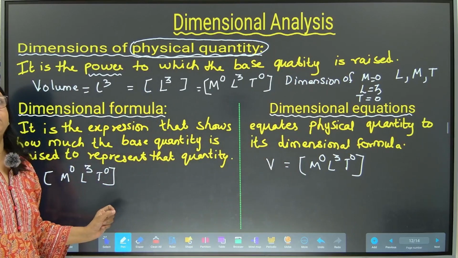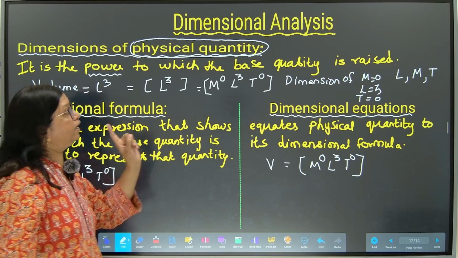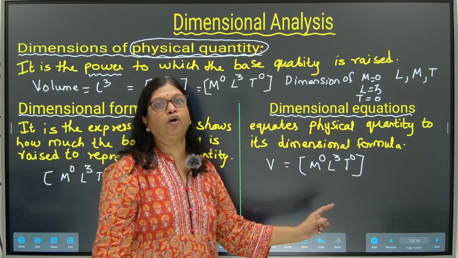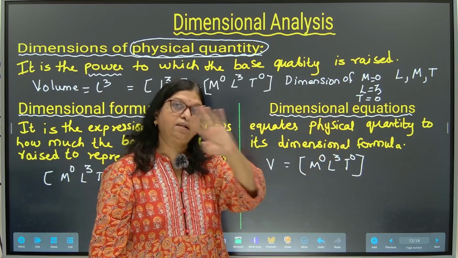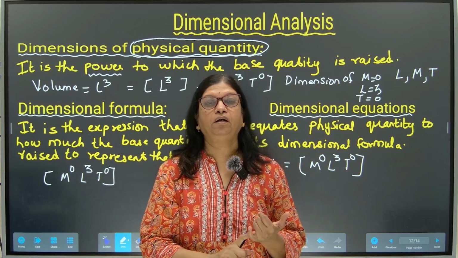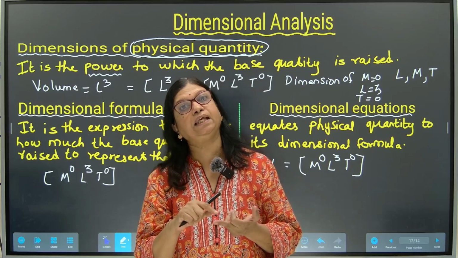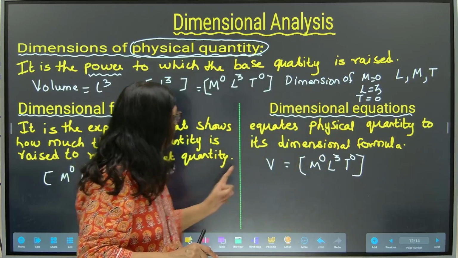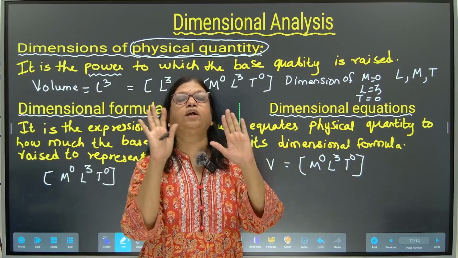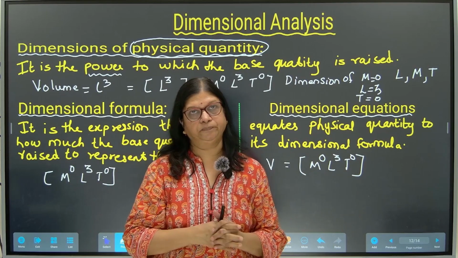The expression which we wrote for this physical quantity is called the dimensional formula. If we equate the physical quantity symbol to the dimensional formula, then it is called a dimensional equation. So all these three words you have to remember: dimension, dimensional formula and dimensional equation. For the same physical quantity, volume, I have taken a very simple physical quantity for you to understand.